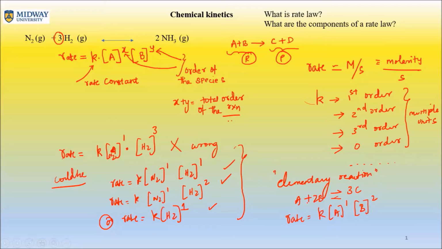Only under these circumstances can these numbers become the exponent values. In an elementary reaction, it's already been established that these numbers are the exponents. So the reaction is first order with respect to A, second order with respect to B, and third order overall, because 2 plus 1 is 3.